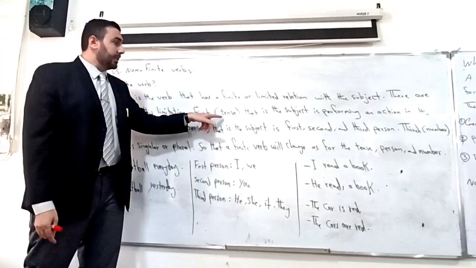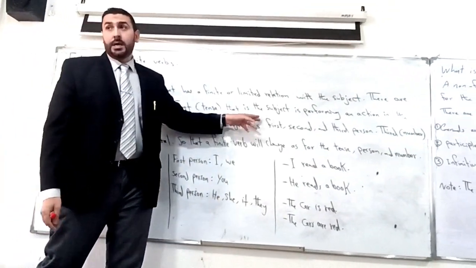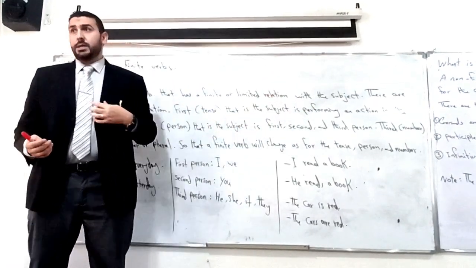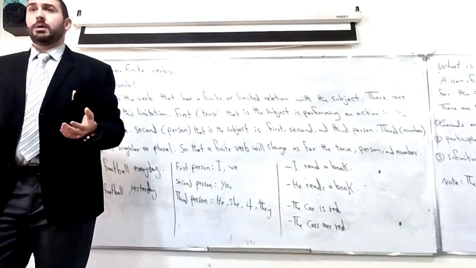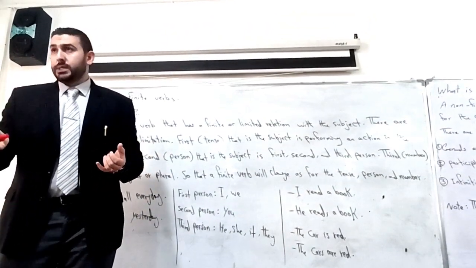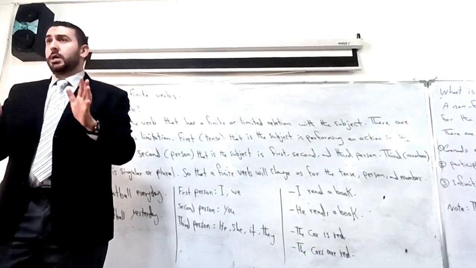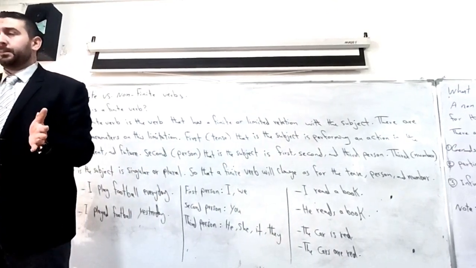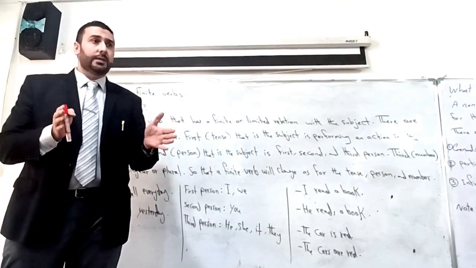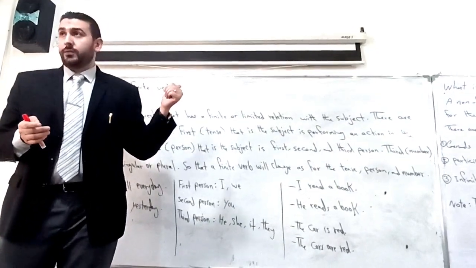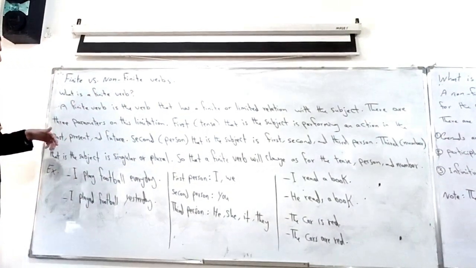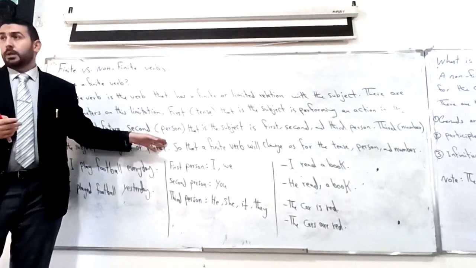Okay, so first the tense, that is, the subject is performing an action, maybe in the past, or in the present, or in the future. So this is the tense. This tense is identified by what? By the finite verb. And the second parameter is the person.